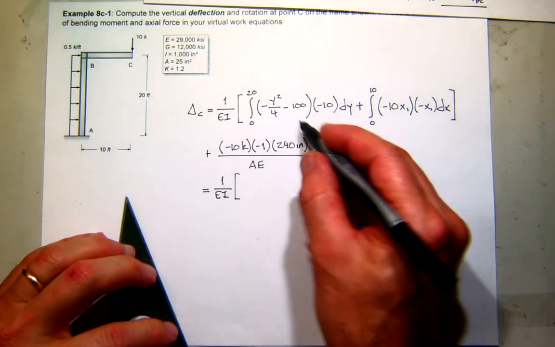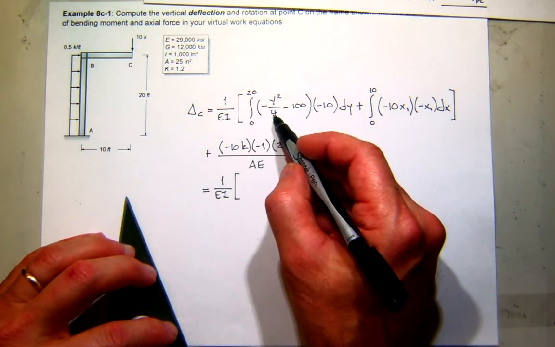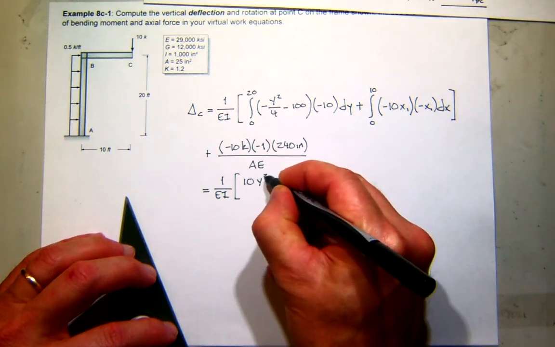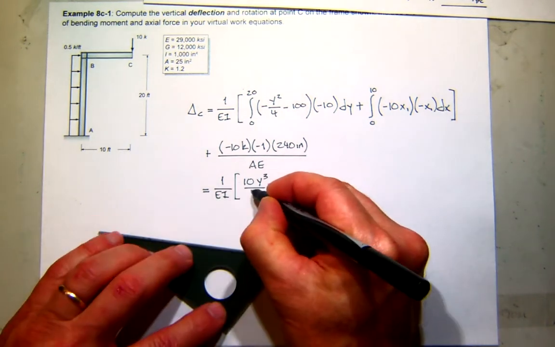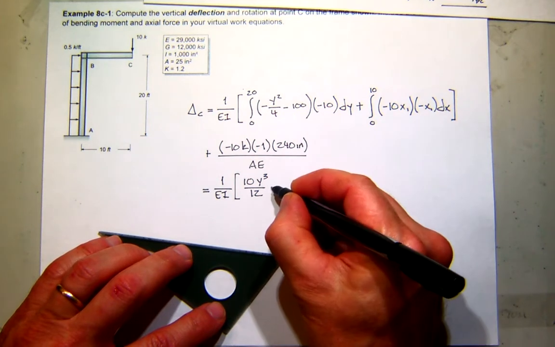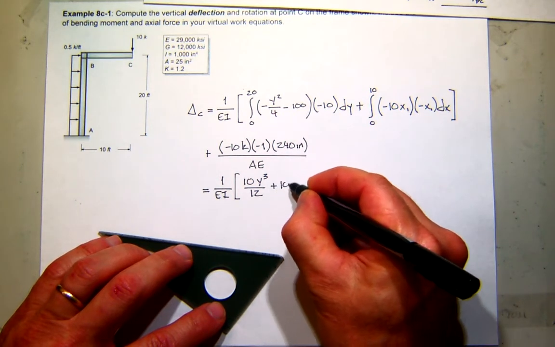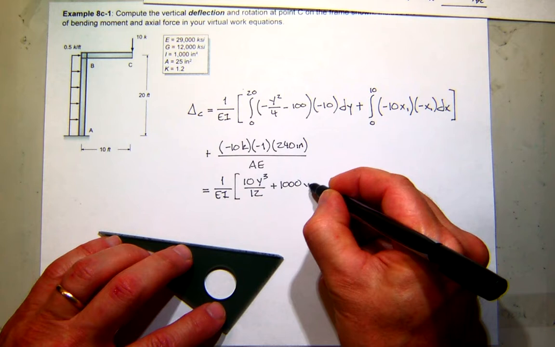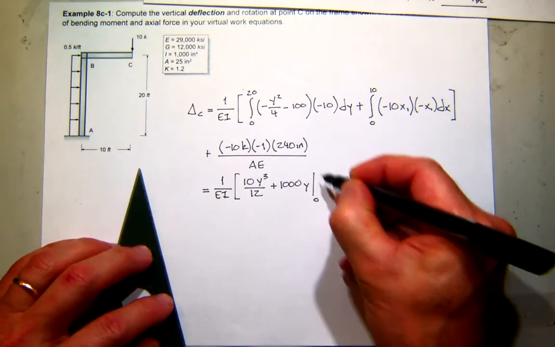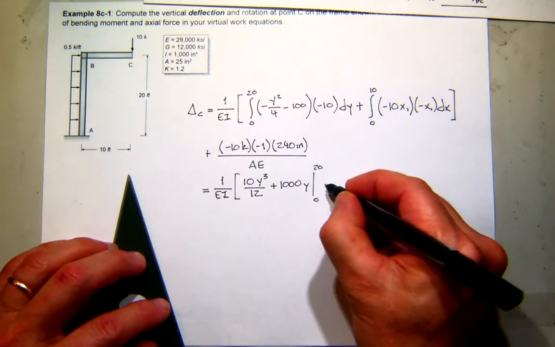That'll be 10y squared over 4, and you integrate that, you get 10y cubed over 12. That is 1,000. Integrate that, you get 1,000y, and that should be evaluated from 0 to 20. Somebody can work on that.